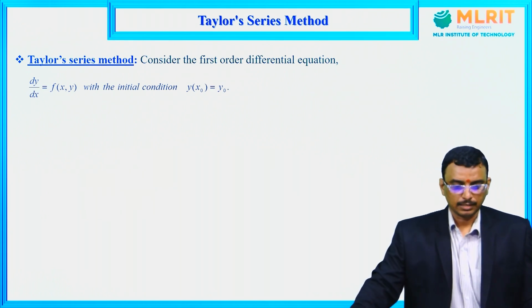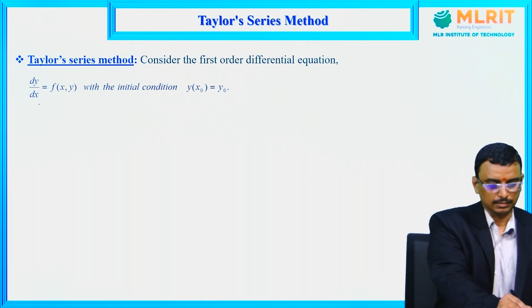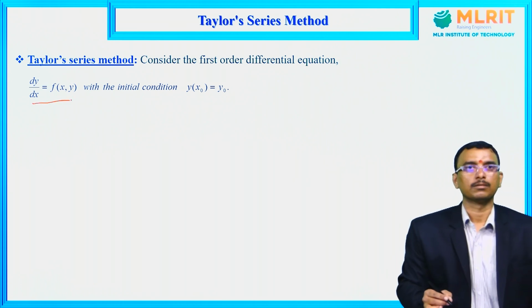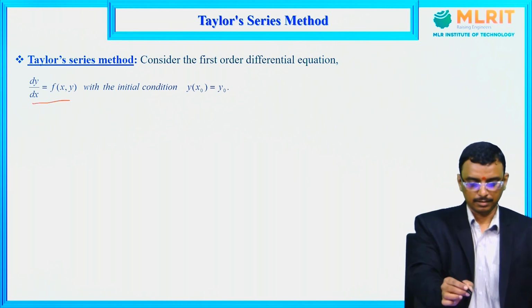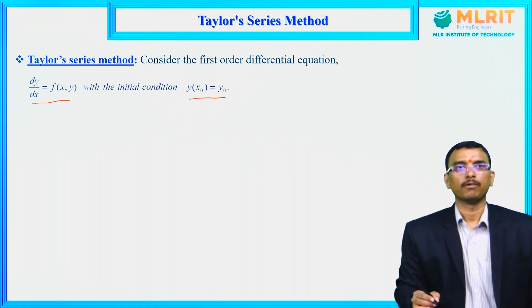For the Taylor series method, consider the first order differential equation, that is dy by dx is equal to f of x comma y, with the initial condition y of x naught is equal to y naught.